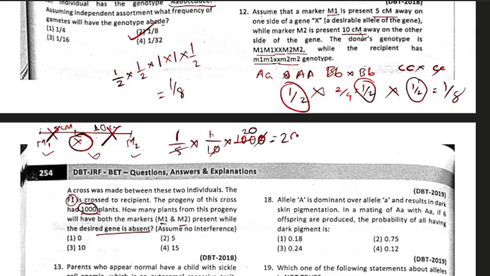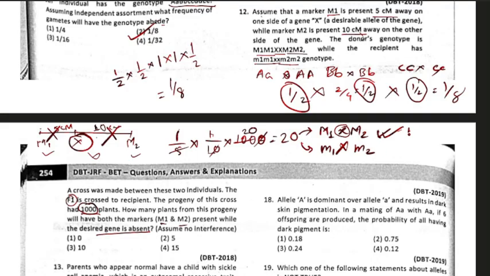So 20 plants are double crossovers. If we see the double crossovers, one double crossover plant will be M1 small x M2, and the other double crossover plant will be small m1 capital X small m2, and they are asking about the plant that has the markers but does not have the gene.